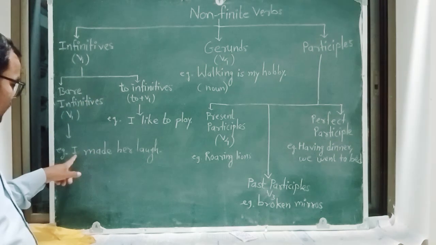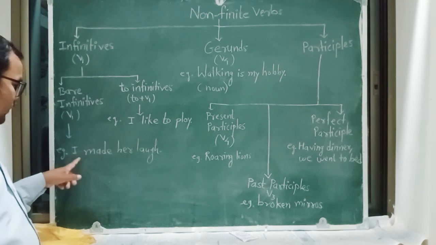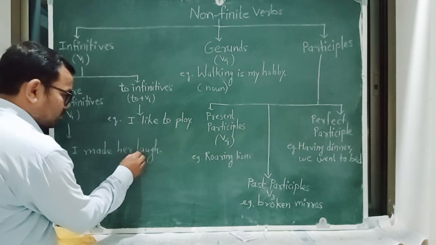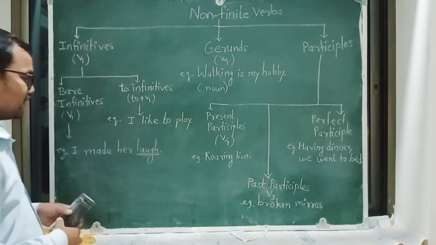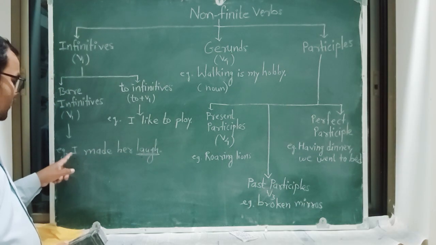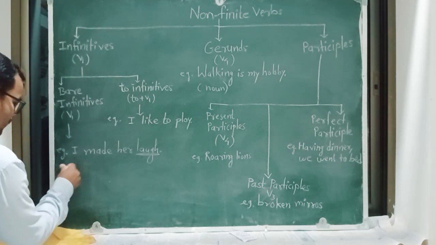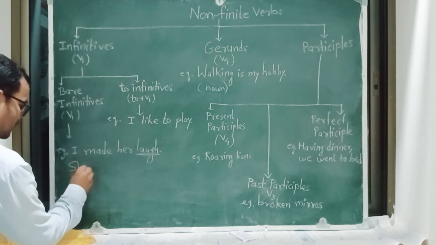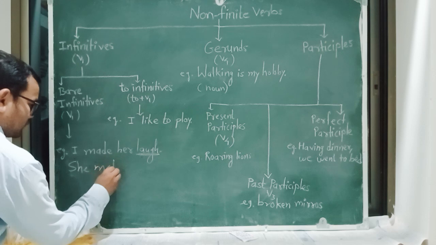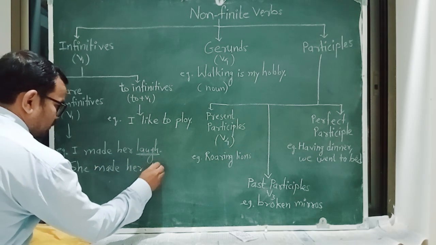If you see this example, I made her laugh, right? So over here, laugh is a verb, right? And if I change the subject from I to she, for example, she made her laugh, right?